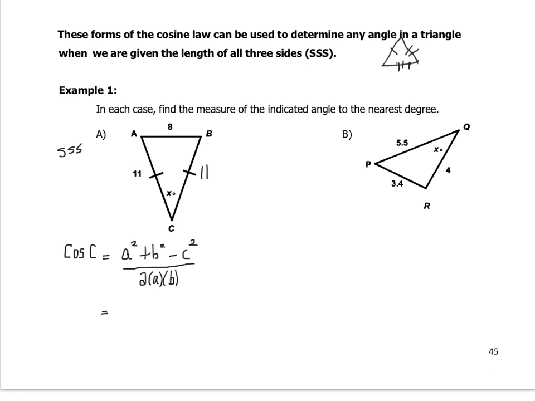So if we fill that in, this would be cos of x degrees equals a squared would be your 11 squared plus your other 11 squared minus the side across from it, which is 8 squared, all over 2 times 11 times 11, which would equal 121. 11 squared is 121 plus another 11 squared is 121 minus 8 squared is 178 over 242.